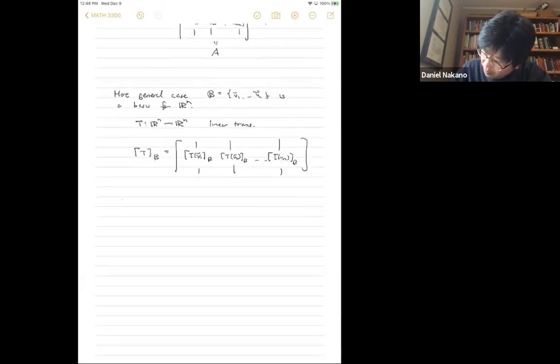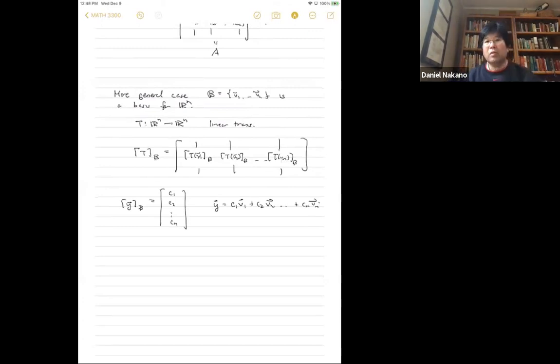So remember what it means when I take a vector y and write it in terms of the coordinates. I write y in terms of the basis v1 up to vn, as a linear combination of the basis elements.